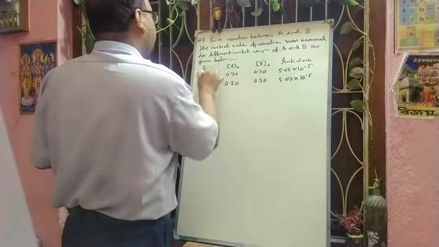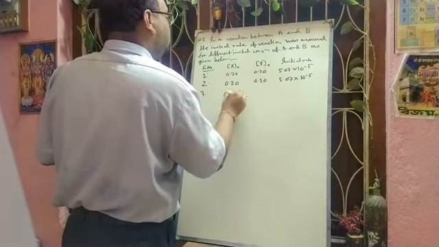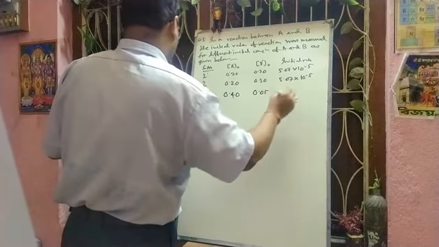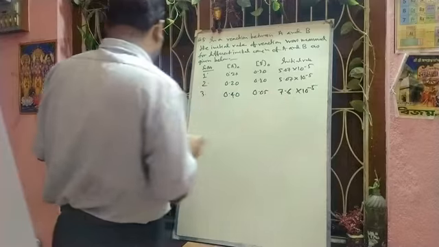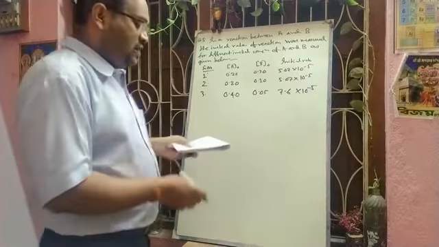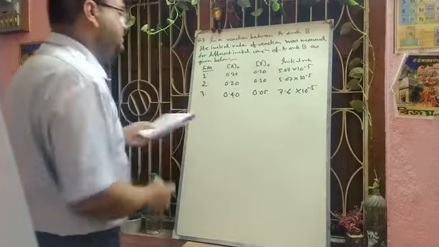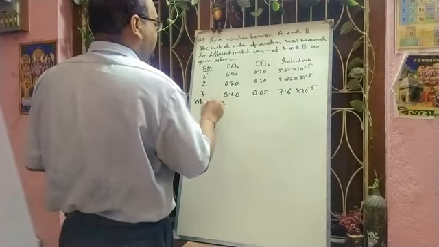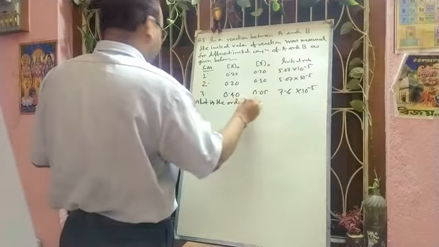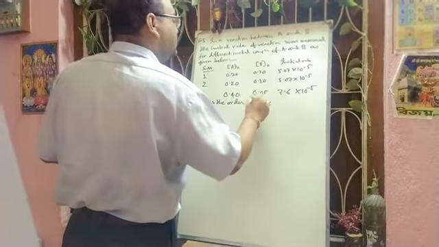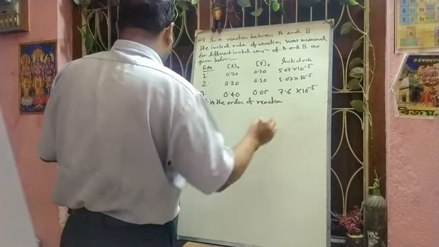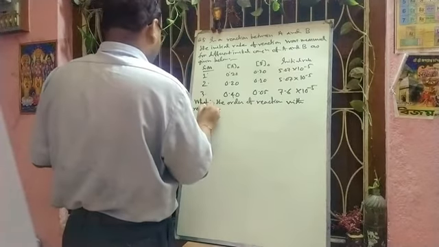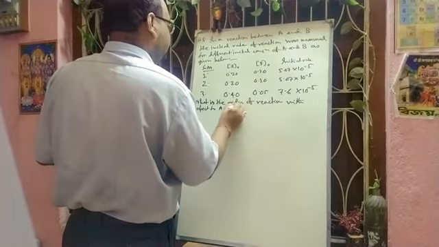Option 3, that is 0.40, 0.05, 7.6 into 10 to the power minus 5. So what is the order of the reaction with respect to A and B? The question is given.